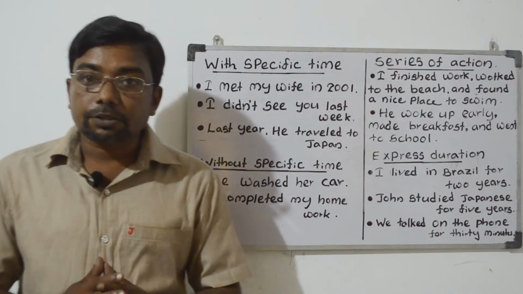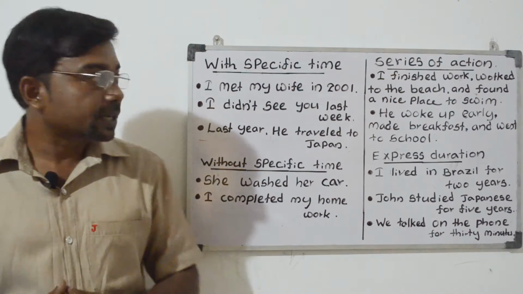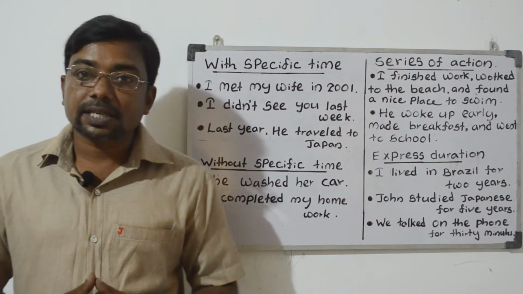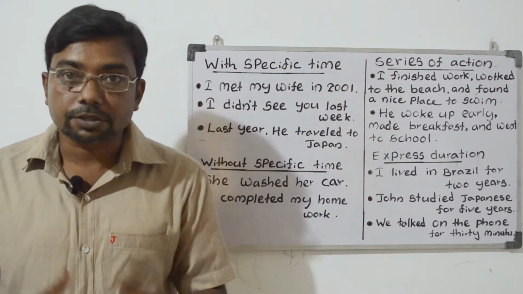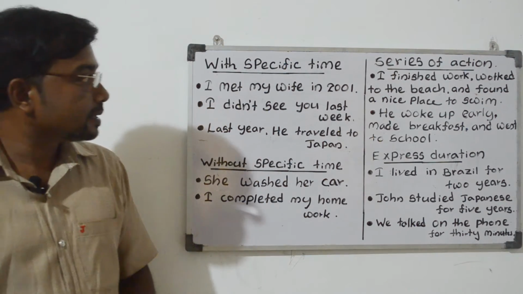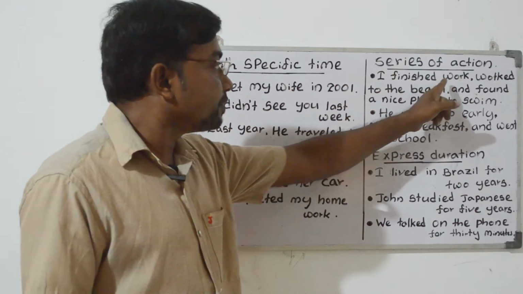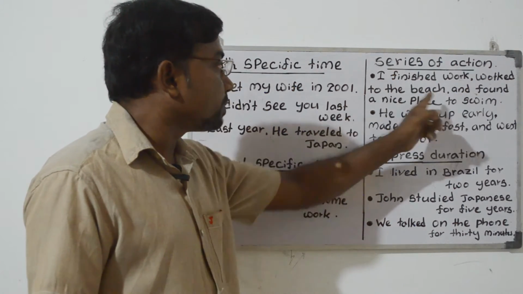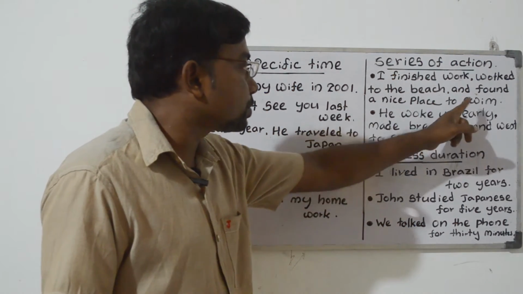Okay, now we are going to talk about another different use of simple past tense. The simple past tense can also be used to talk about series of action that completed in the past. Look at the example. I finished work, walked to the beach, and found a nice place to swim.